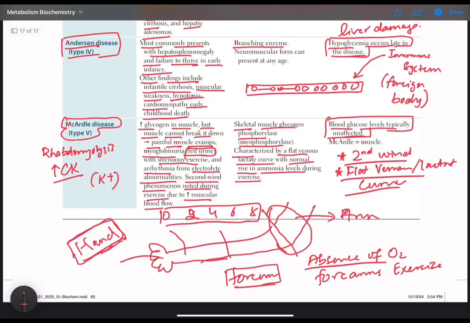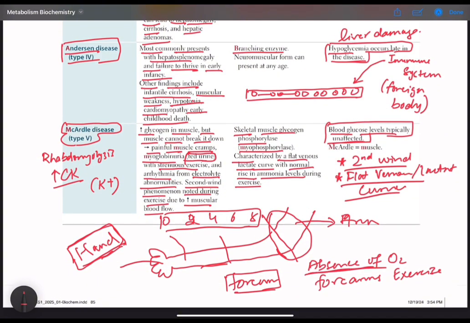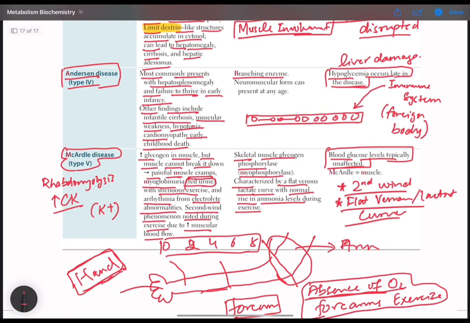So what happens in the normal case is that in absence of oxygen, the glycogen stored in the forearm muscles will provide energy, and the glycogen will be broken down into pyruvate, and the pyruvate will be converted into lactate. So we will have a normal rise in lactate.